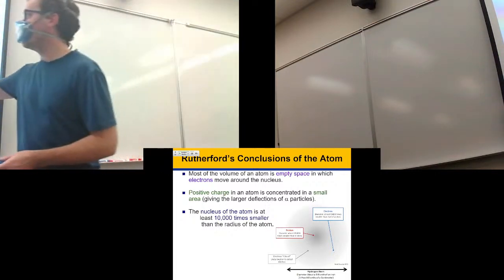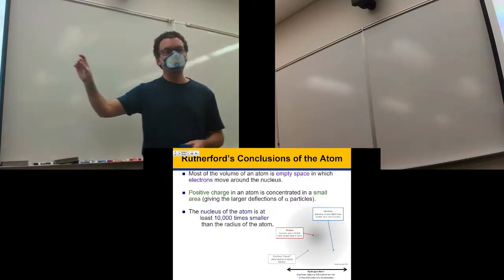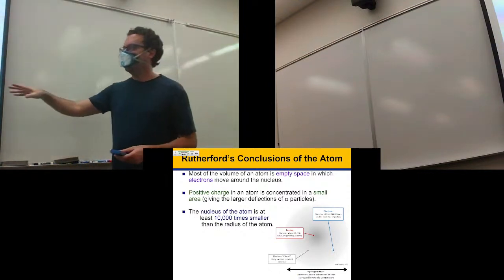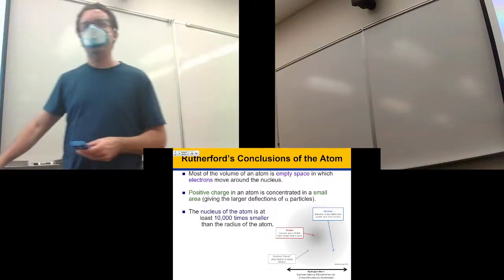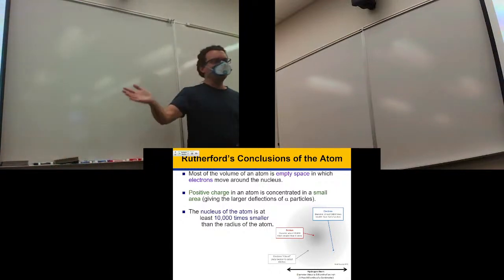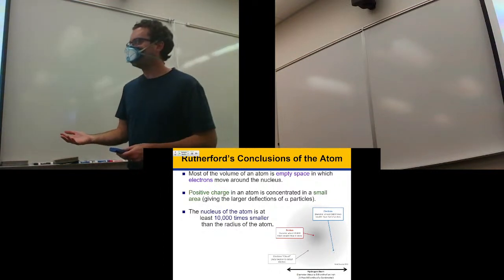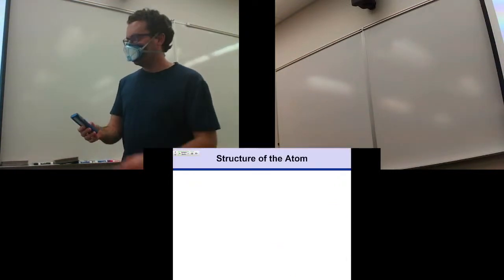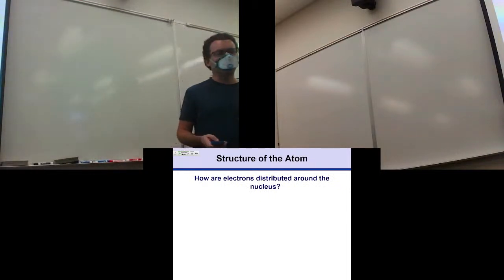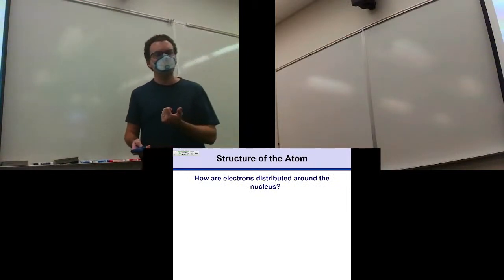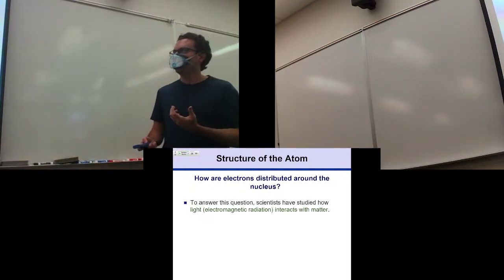The nucleus is so much smaller than the rest of the atom. The rest of the atom is empty space. That empty space is occupied by the electrons, but that's it. We don't really know much about what the electrons are doing. And so we want to know, how are the electrons distributed around the nucleus? Is it random or is it not so random?